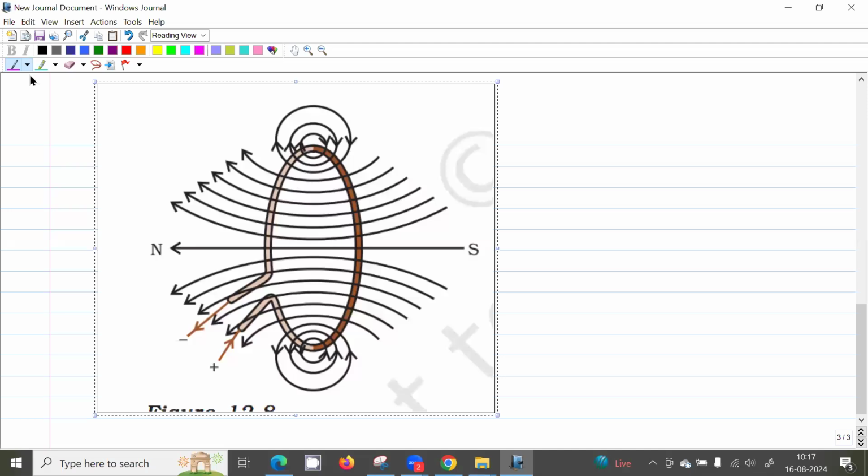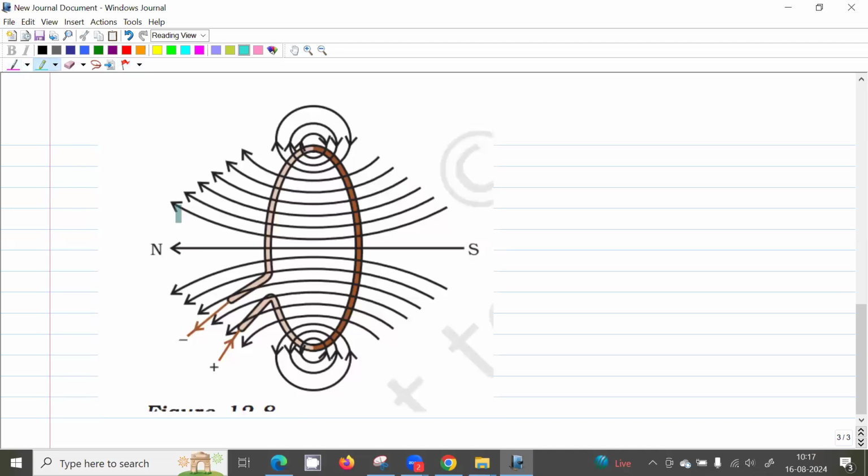So the current should be going like this. This front part of the conductor is visible, and this back side of the conductor is behind the paper. Half the circle will be coming out, and half the circle will be behind the paper, or behind the screen.